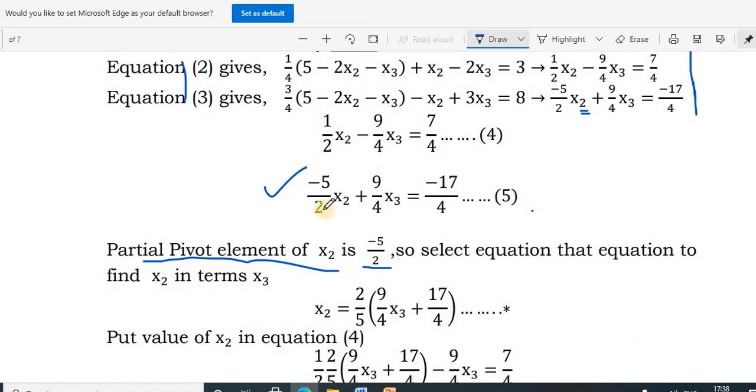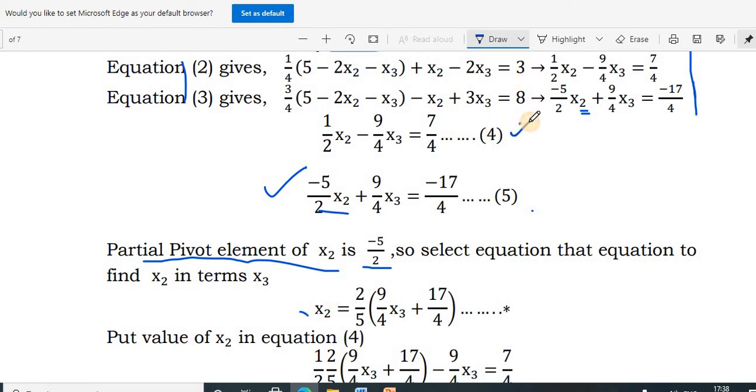So how do we write x2? I shift this term to the RHS. So here 9 by 4 x3 plus 17 by 4, into this 5 by 2. If I shift it to the other side, it becomes 2 by 5. And now I substitute this value of x2 in the other equation.